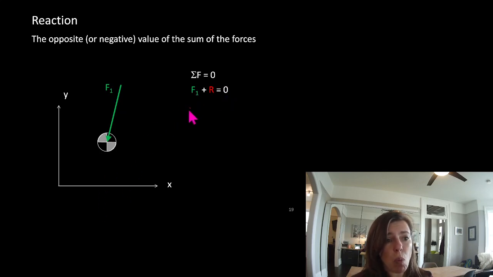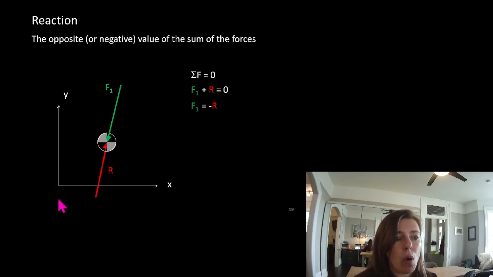So force 1 plus some unknown reaction has to equal 0, or else this is going to move. We don't want it to move, so we need to figure out what that reaction is. So F1 equals the negative of R1. So let's just take that and draw it in the opposite direction. Fantastic. We have figured out what reaction we need here to stop this thing from moving.